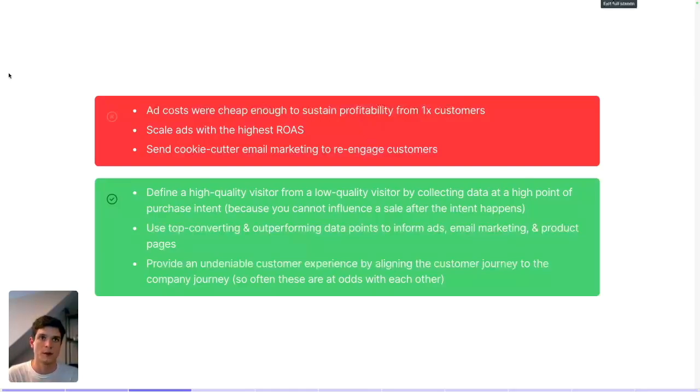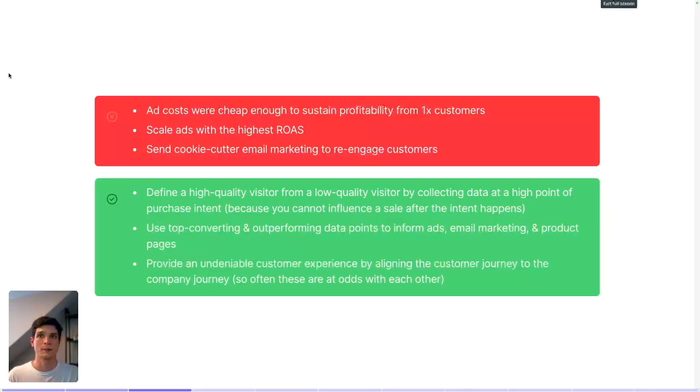And the way that you do that is by collecting data at a high point of purchase intent. And that's because you can't influence a sale. You can't affect a sale after it happens. To affect a sale, you have to improve the pre-purchase experience. To improve the pre-purchase experience, you need to know what's working about it and what isn't currently. And to know those things, you have to collect pre-purchase data.